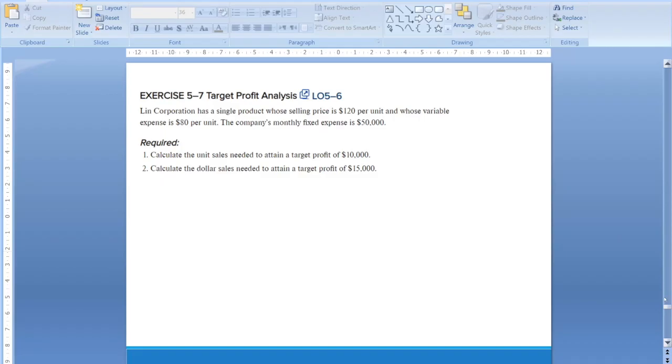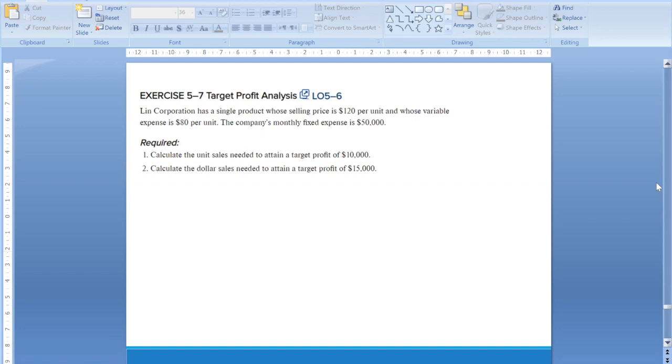Exercise 5-7, target profit analysis. Lin Corporation has a single product whose selling price is $120 per unit, and the variable expense is $80 per unit.